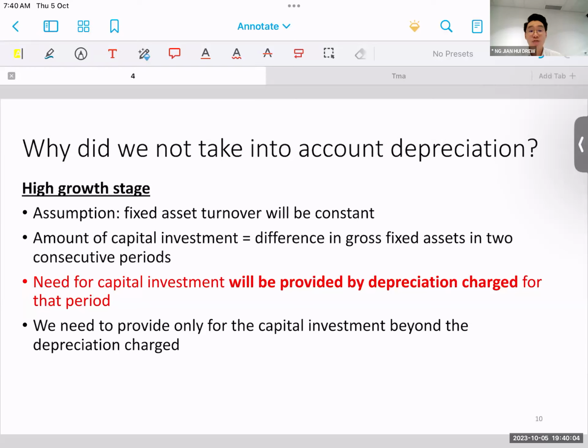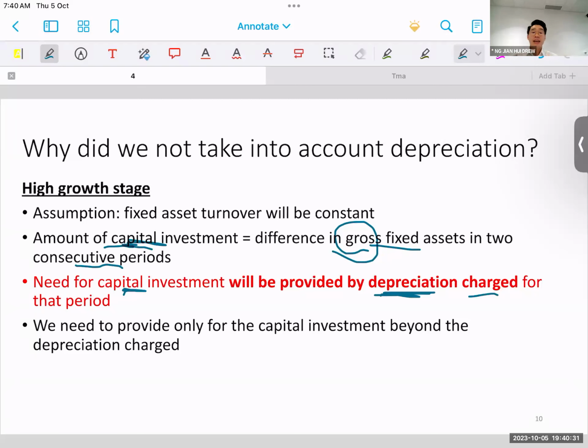So there are, of course, two stages: high growth and low growth stage. In a high growth stage, the assumption is that the amount of working capital investment equals the difference in the gross fixed asset of the two consecutive periods, right? And so the amount of capital investment required is therefore provided by the depreciation charge.